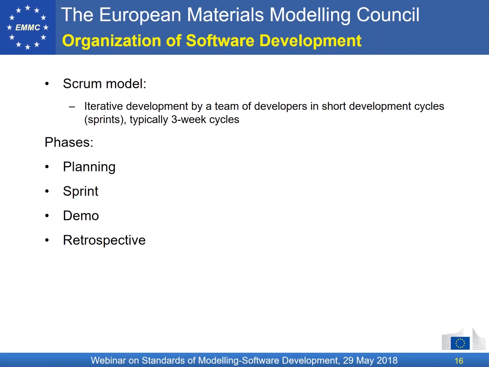So in the Scrum model, you work in a small team, typically between 3 and 7 people. These are the Scrum team sizes we have here at QuantumWise, and we typically work in 3-week cycles. So the first part is to plan how much work can be done in the next 3 weeks.